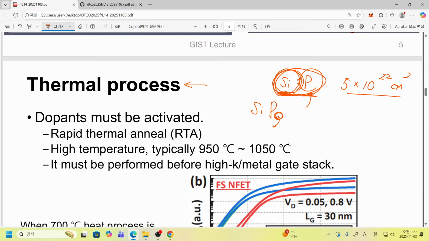So it means that if we allow 1% of phosphorus, that corresponds to 5 times 10 to the 20 per cubic centimeter.